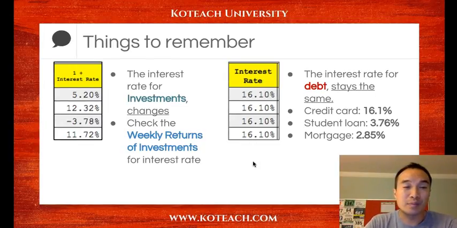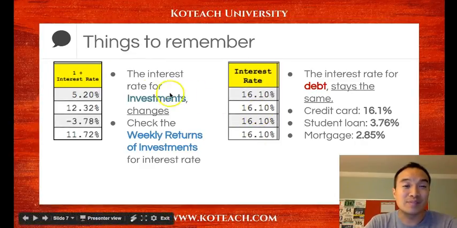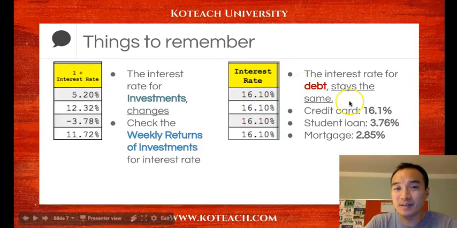Also, another thing to keep in mind is that for the investments, the interest rate changes. And we check those interest rates by looking at the weekly returns of investments spreadsheet. However, for debt, the interest rate stays the same. And these are the interest rates for the particular debts.